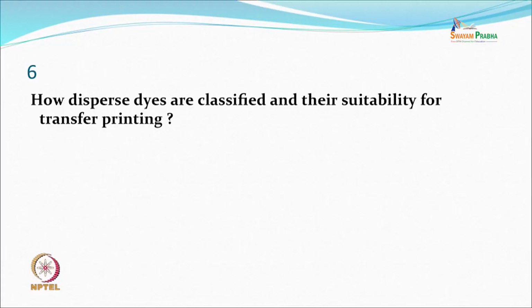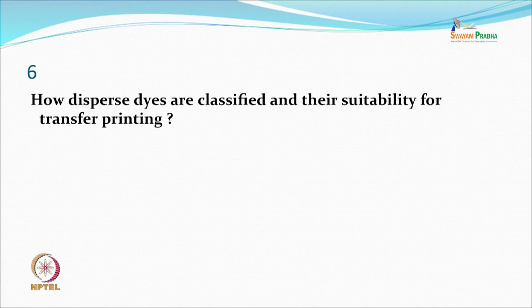So, we would expect high vapor pressure would mean a relatively higher rate of diffusion also at the temperatures that we are talking about.